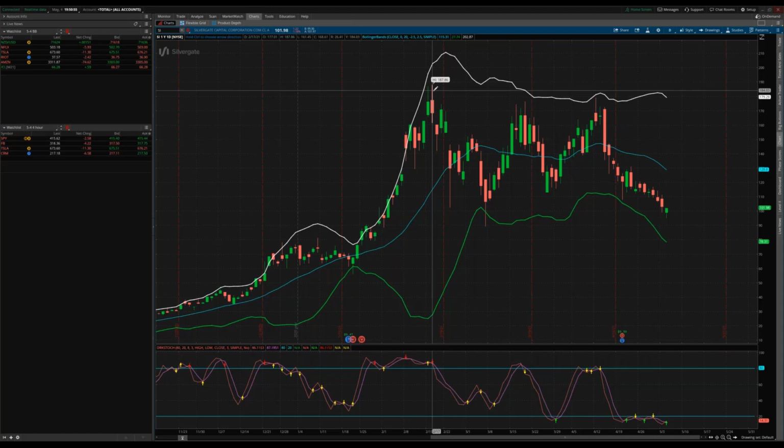This would not have worked out, and then we wouldn't have gotten this one because it didn't stretch enough to get that. Okay. Then you got one here. This move here, and then not quite here. Right. It didn't hit that 2.5 standard deviation, so we wouldn't have caught this on the scan right here. Okay. This is a beautiful one. The problem here is it's very narrow. Okay, it's very narrow, and you had earnings coming up on that. So that's not one I'd be looking at either. Okay.